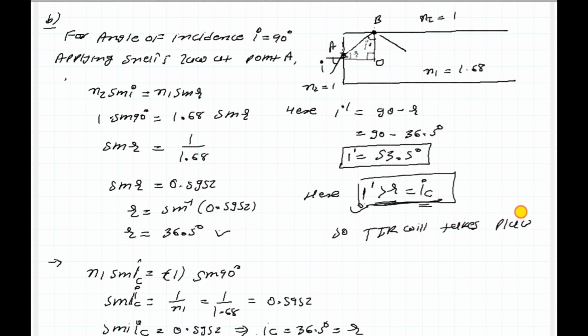Here you can see that initially I took the angle of incidence as 90 degree. For 90 degree, which is the maximum angle of incidence, TIR takes place.